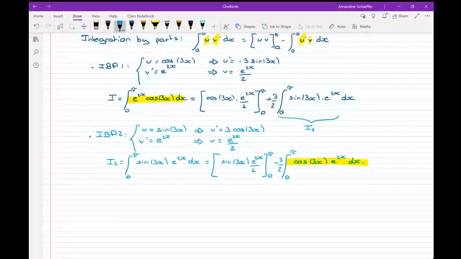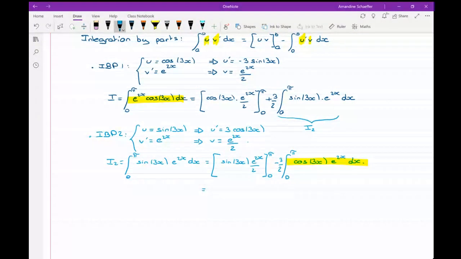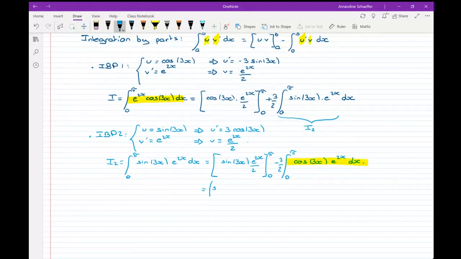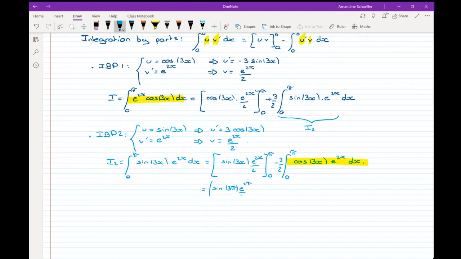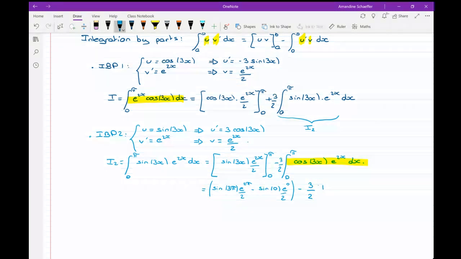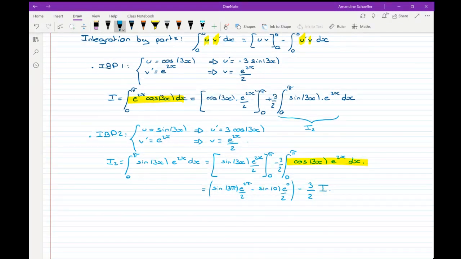So let's finish this one. Okay, so here it's going to give me sine of 3 pi exponential 2 pi on 2 minus sine of 0 exponential 0 on 2, minus 3/2, and I say that this is my integral I called I to start with.